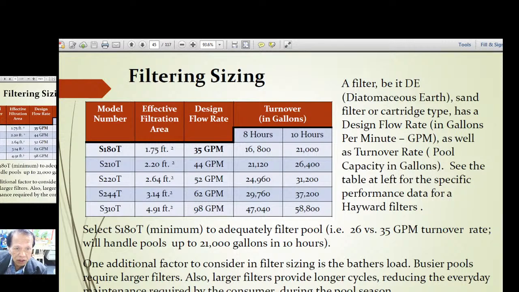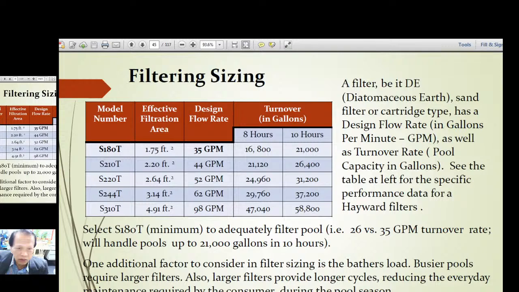So this is the smallest filter that could be enough. Okay, and the turnover rate here for 8 hours is 16,800 gallons. No, for 10 hours is 21,000 gallons. So again, our computed volume is only 15,000, less than 16,000. So I think this one is good.